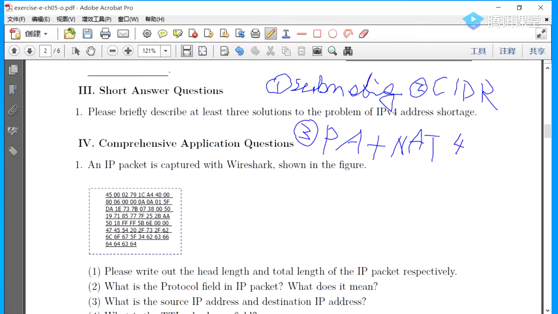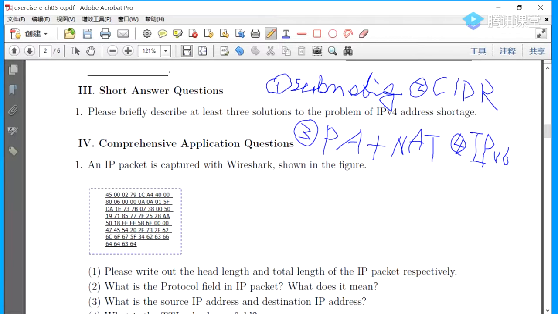Then the fourth solution is the ultimate solution: using the next generation of IP. The next generation of IP provides a very huge IP address space, so we can use IPv6.